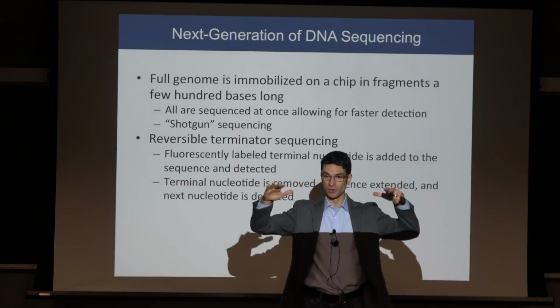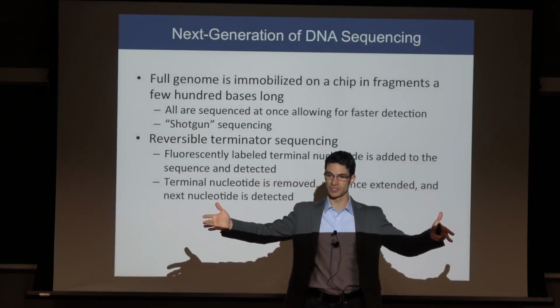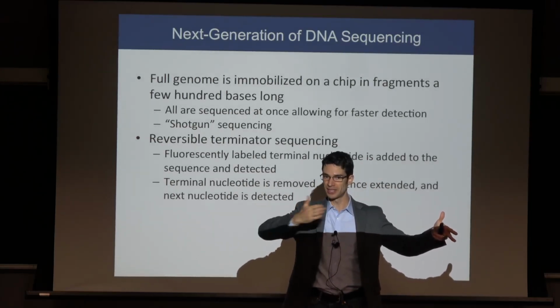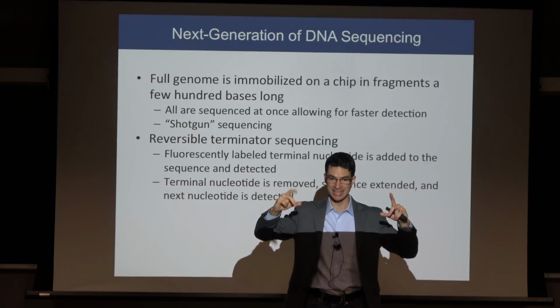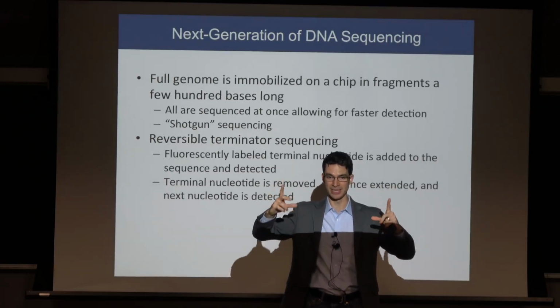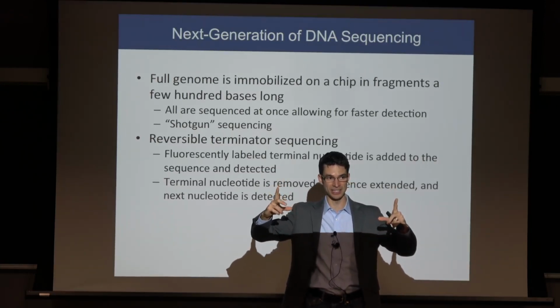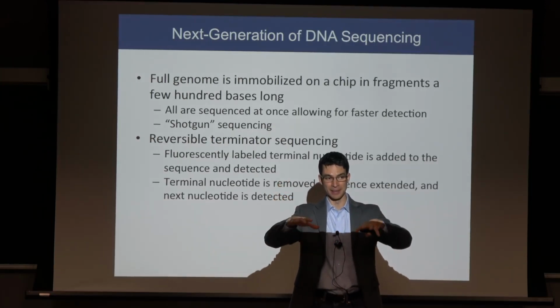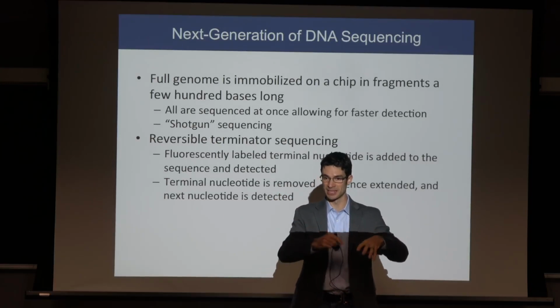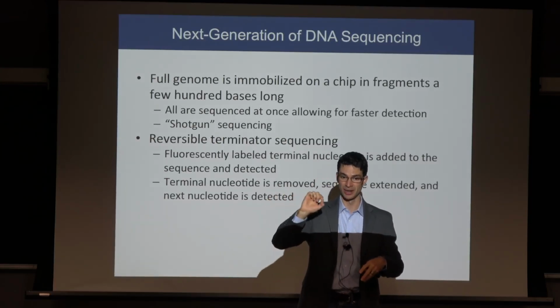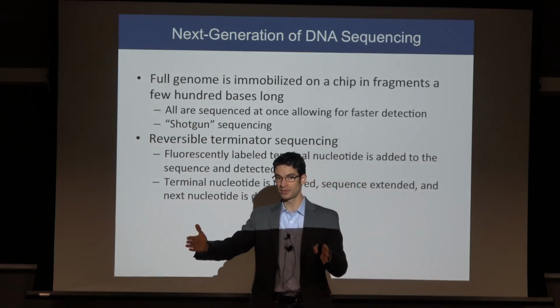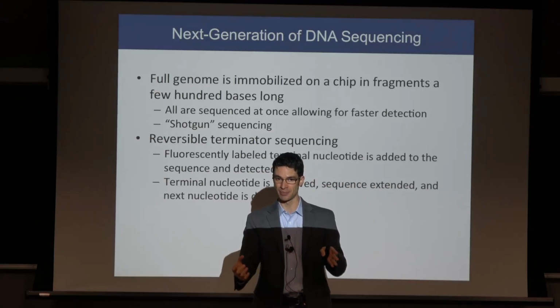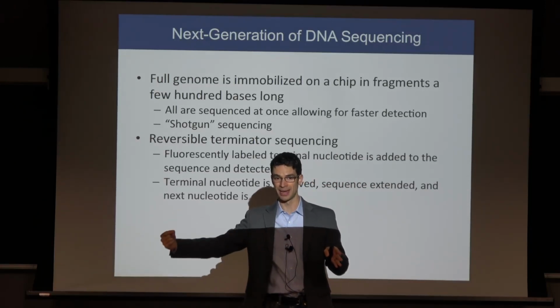And if you're doing this over a large enough sample size, and you keep flowing through new bases, and then you take a photograph each time all of the spots light up because a new A, C, G, or T has bound to the immobilized DNA fragment, then you know that that was the next letter in the sequence.